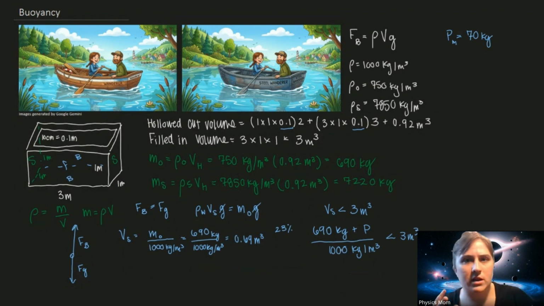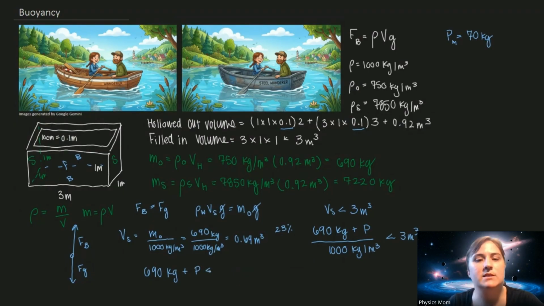If it's an inequality, I can treat it just like an equation in terms of what I do for algebra. The only thing that is different with an inequality is you flip the sign if I multiply or divide by a negative. But I'm not going to be doing that here, so things just stay the way they would be if it were an equal sign. I'm going to multiply the 1,000 to the other side, so I get 690 kilograms plus the collective mass of the passengers to be less than 3,000, and I get kilograms as a unit there.